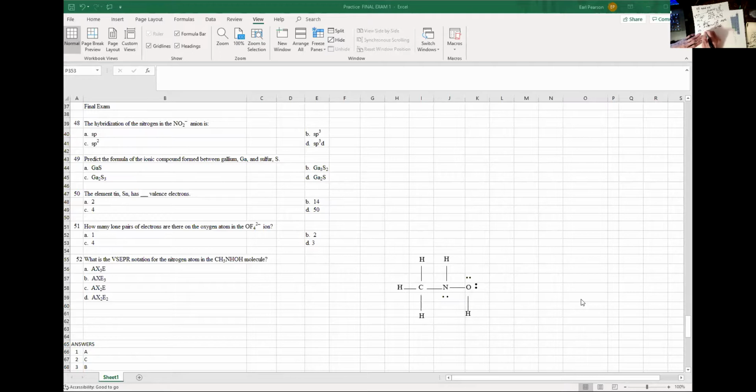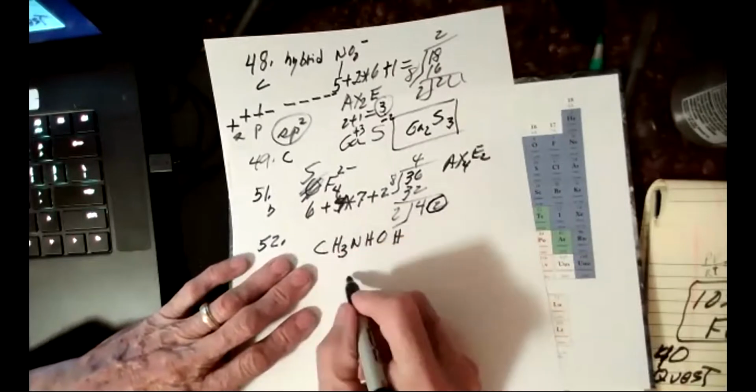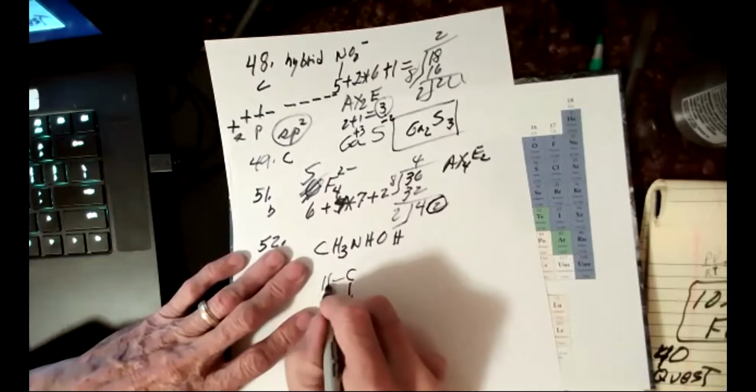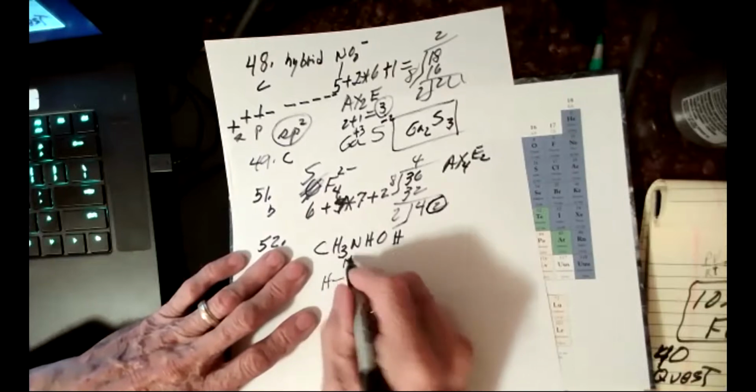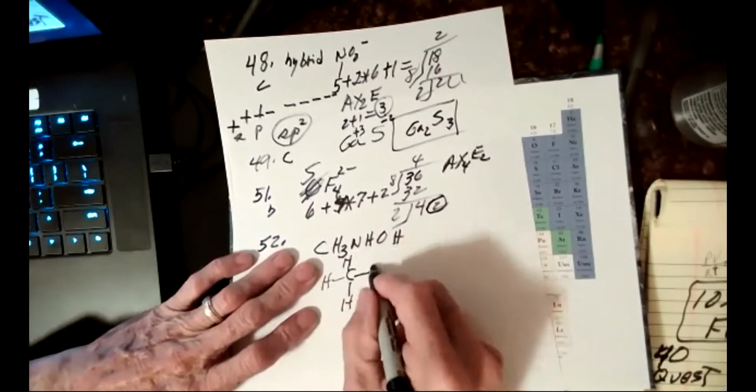Okay, it's CH3NHOH. Now that's the structure. Let's go over here and let's actually draw what they show on the picture there. These 3 hydrogens belong to that carbon, so I'm going to put them on like that first. Now the carbon needs another bond and it'll be to that nitrogen right there.